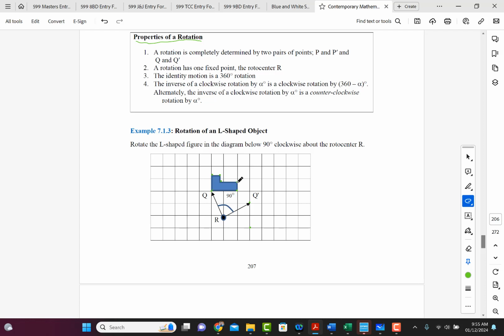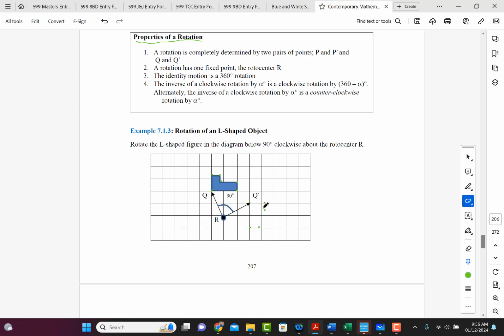This point is going to rotate 90 degrees, which is going to be right about here. And this point is going to rotate right about here. And then the point here is going to rotate. I'm just going to mark the points here approximately.